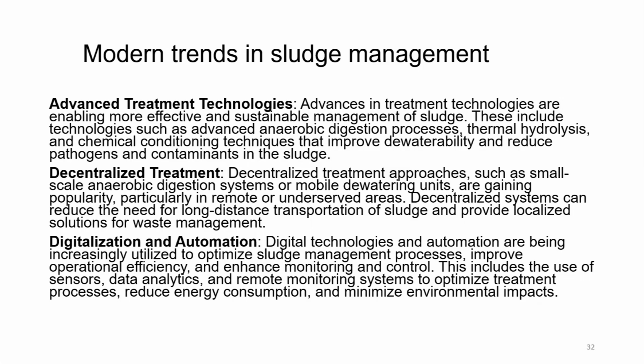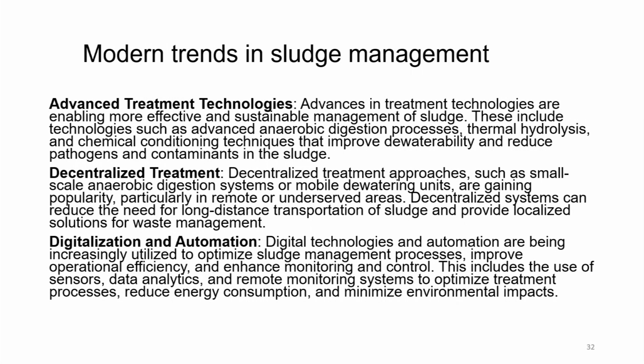Digitalization and automation. Digital technology and automation are being increasingly utilized to optimize sludge management processes, improve operational efficiency and enhance monitoring and control. This includes the use of sensors, data analytics and remote monitoring systems to optimize treatment processes, reduce energy consumption and minimize environmental impact.